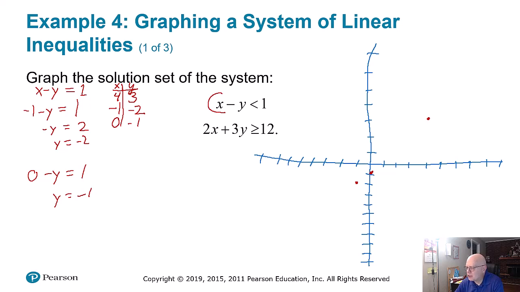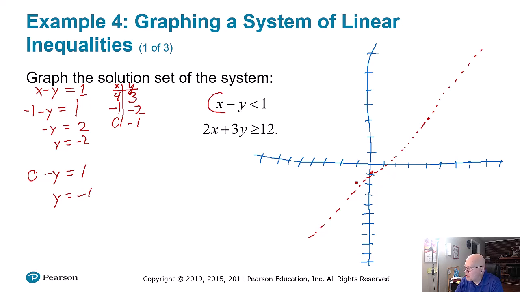Now, what kind of a line do I draw? Let's go back here and see. It says less than, so I'm going to draw a dashed line. So as well as I can do that on this graph, there's about what my line looks like for the red inequality. Now I have to check and see which side I'm going to shade in with the red.